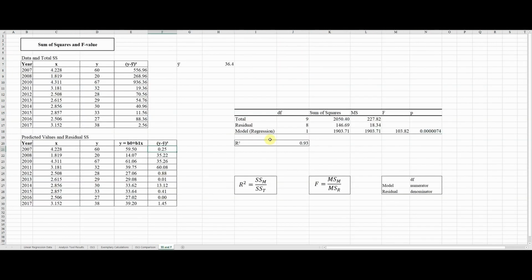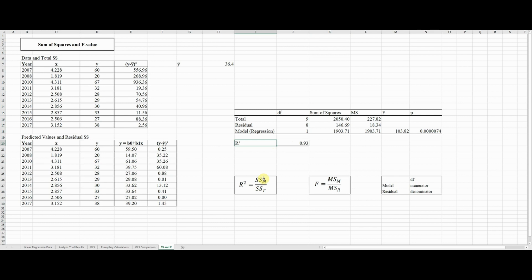Now, if you want to know the sum of squares of your model, you simply deduct the residual from the total, because then you will get what your model, your regression, actually explains. After having calculated those sums of squares, you can calculate your R square, your variance explained.